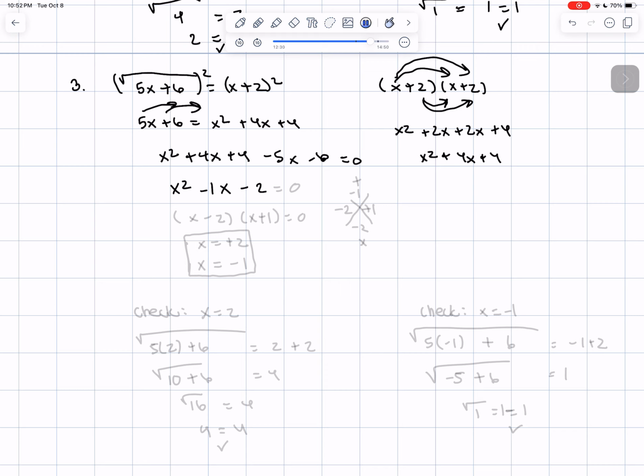So minus 2 equals 0. So this one's really easy to factor. So 2 and 1 are our numbers, and then our 2 needs to be negative and our 1 needs to be positive.